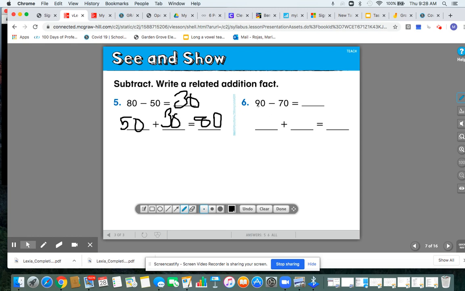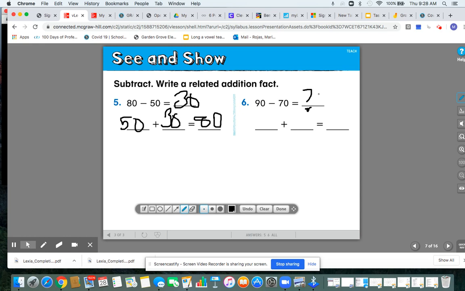So here, for example, 90 minus 70. What number can you add here to give you 90? Well, I can just count off. I need 80, so that's 10 more, and to get to 90, that's 10 more, and then 90.